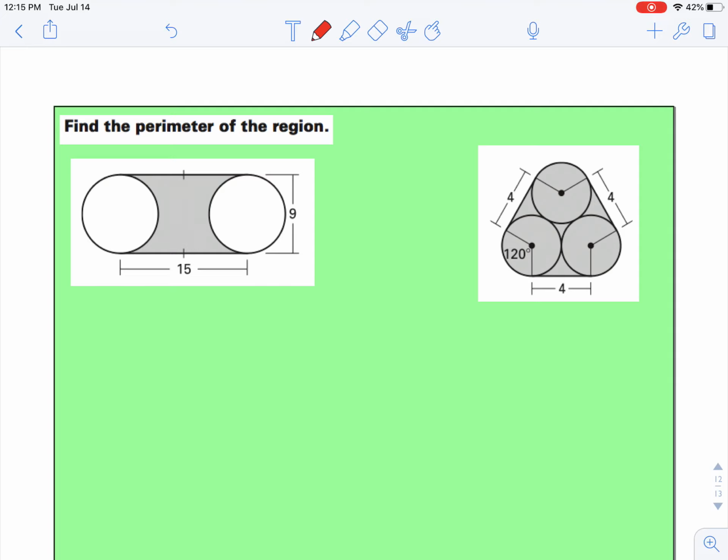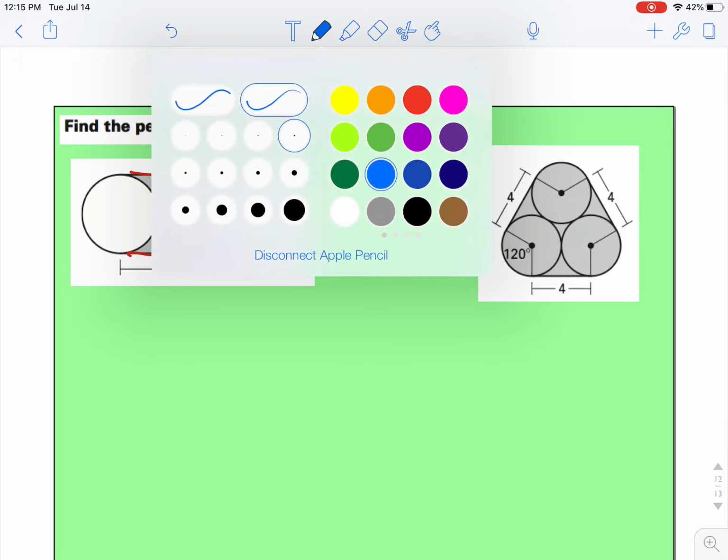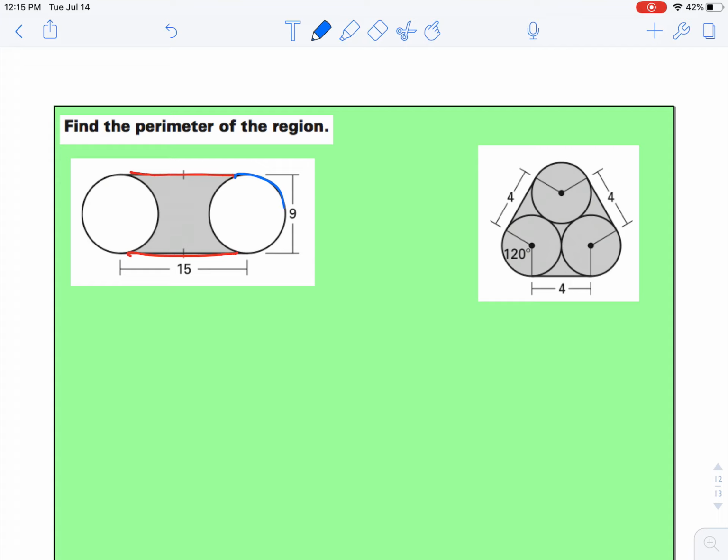All right, let's find the perimeter of the region. Okay, I'll do one of these with you, and then I'll have you try the next one. So the perimeter of this region are these two pieces, and then it's also this piece right here and this piece right here. That will be the perimeter of the whole entire region.